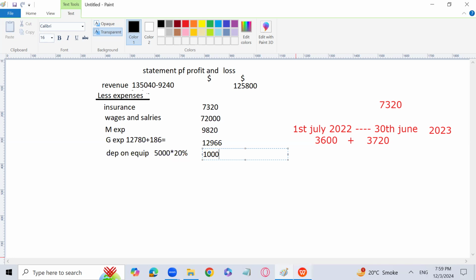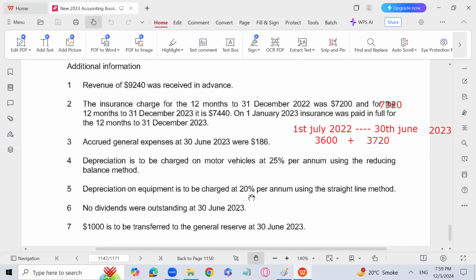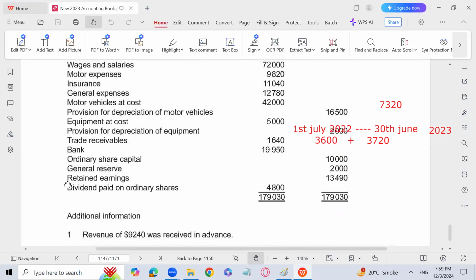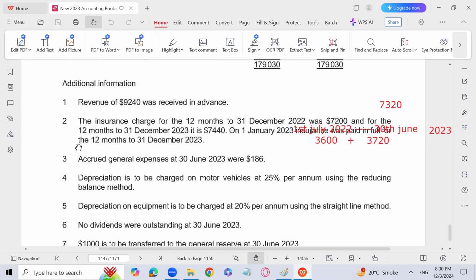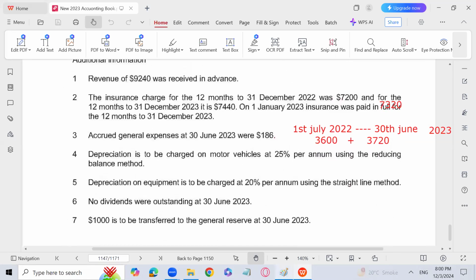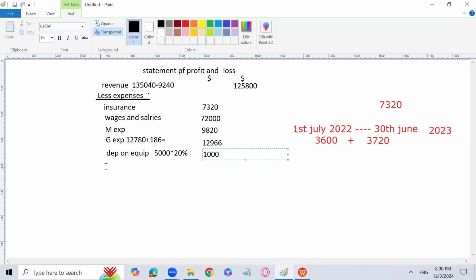Why, sir? Because we are supposed to use the straight line method, 20% on equipment. Equipment cost is given 5,000. And we have to use the diminishing balance method, reducing balance method on motor vehicle, where we have a cost of 42,000 and the depreciation till now is 16,500.